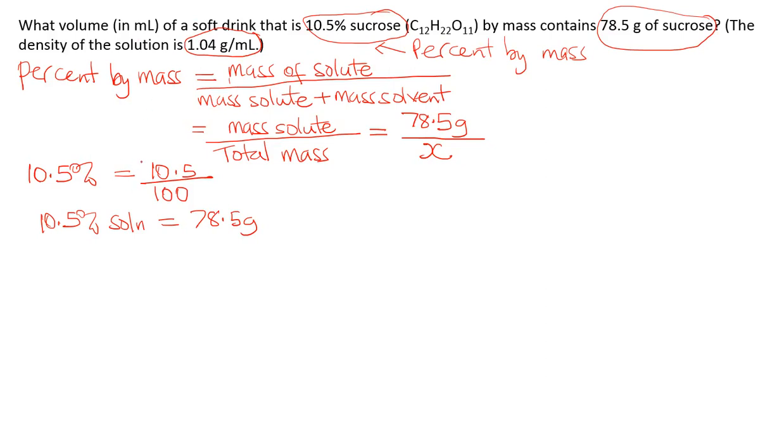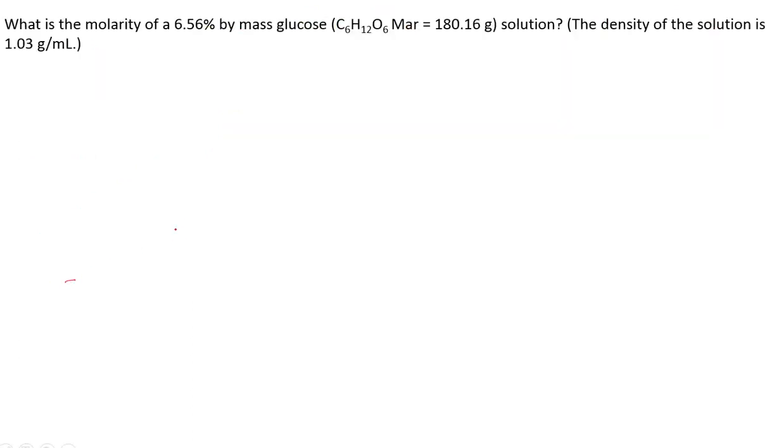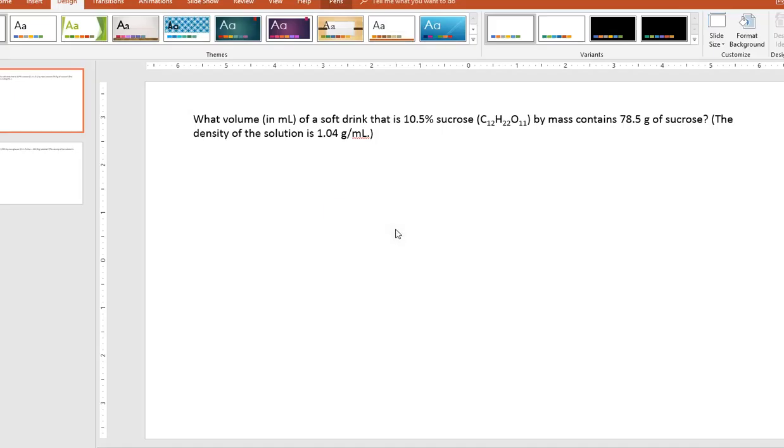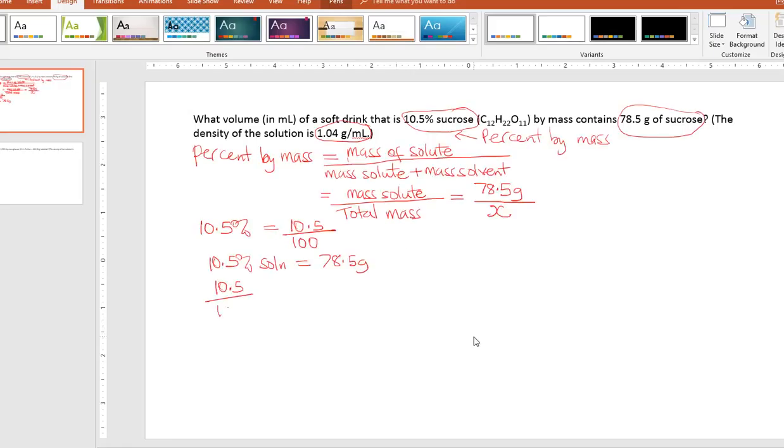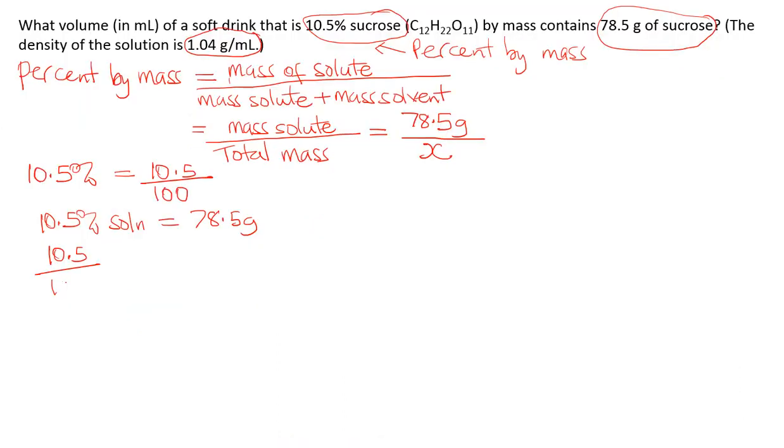In other words, 10.5 over 100 is equal to 78.5 grams over X, where X is the total grams.